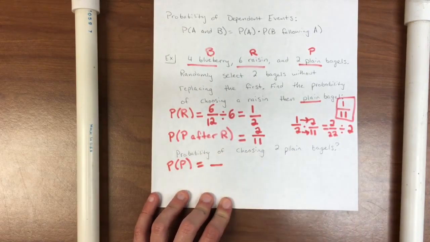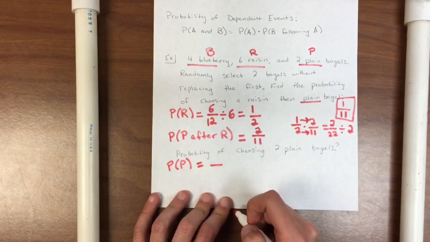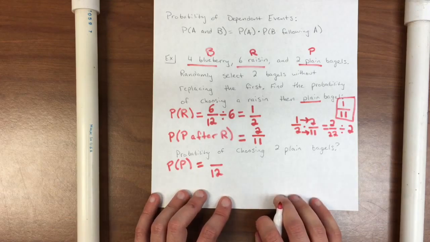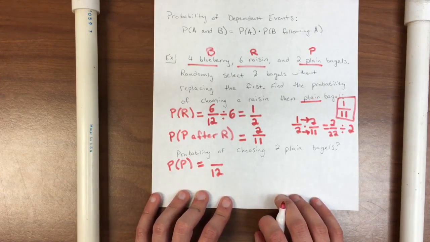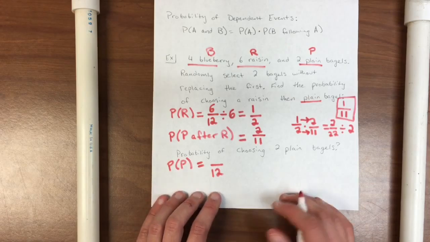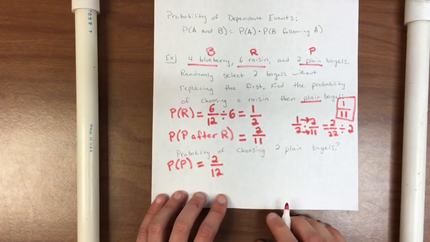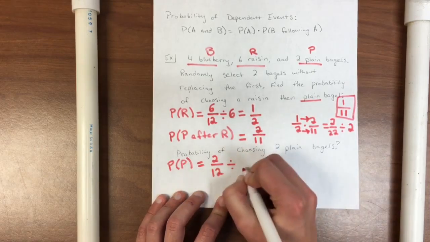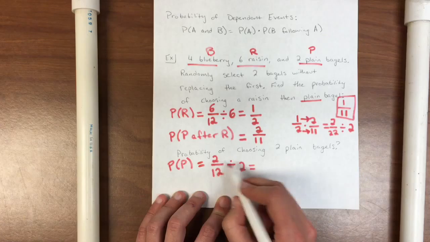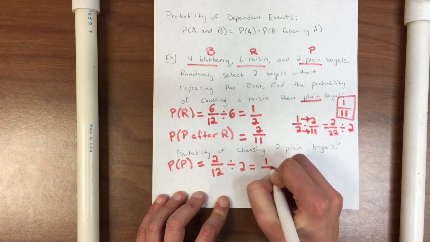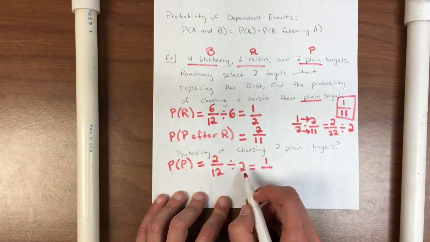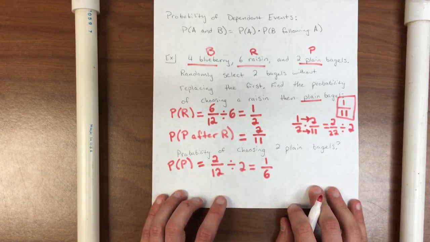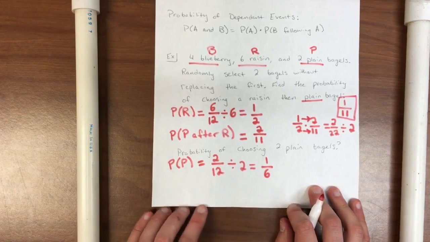What was our total number of bagels that I'm going to put on the bottom? 12. And what was the total number of plain bagels we got to choose from? 2. We had 2 plain bagels. But 2 over 12 can be simplified if we divide them both by 2. What's 2 divided by 2? 1. And what's 12 divided by 2? 6. So the probability of choosing the first plain bagel is 1 over 6.